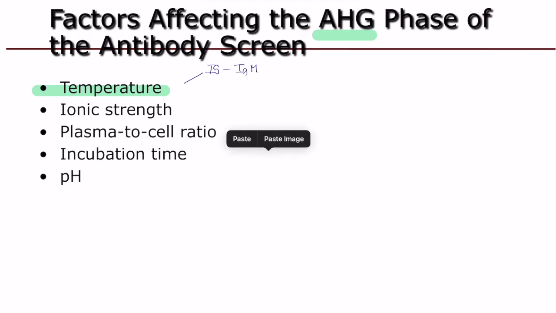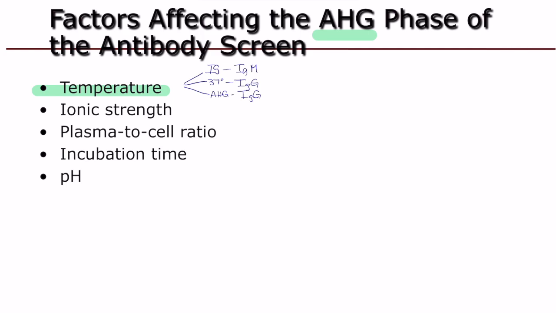We do our 37 degrees, because this is where our IgG antibodies react and they're attaching, and then we do our AHG phase. And this is again where we're detecting the IgG antibodies.